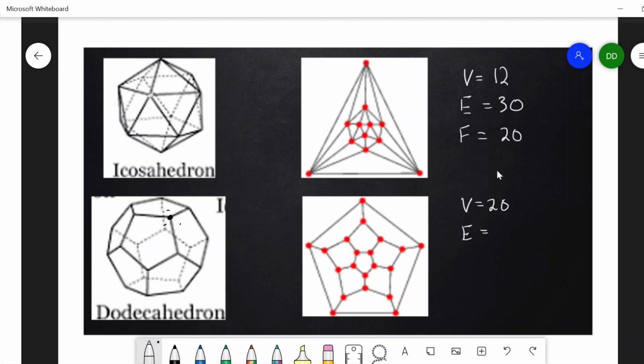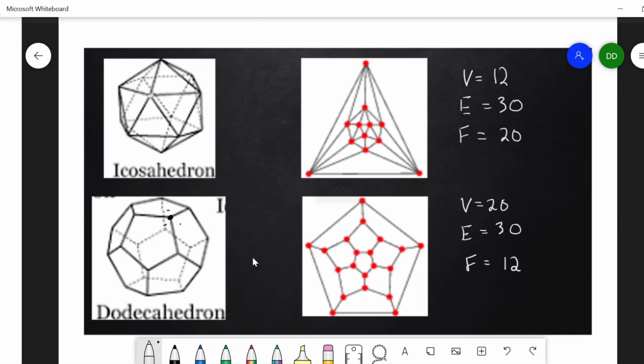Each one has degree 3, so there are 30 edges. And how many faces? There are 12 faces for dodeca. Notice how here the icosahedron and the dodecahedron, the vertices and the faces switch with each other. These are known as duals of each other. That was the same for the cube and the octahedron, which were also duals of each other.